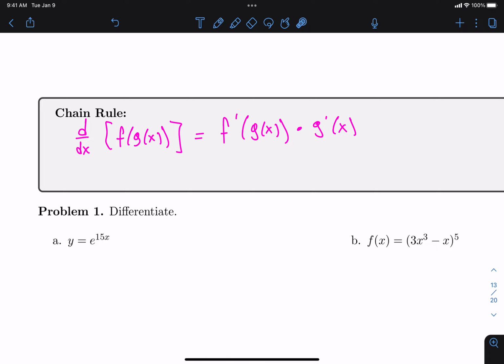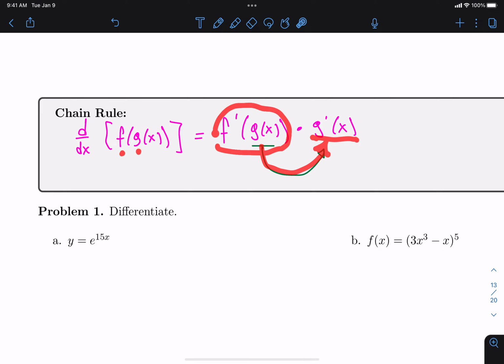Sometimes I will say that we are, quote, chaining out. This is why we call it the chain rule. You could do this and then this. It makes some kind of chain picture or whatever. But the point is, this chains out, and we have to multiply by the derivative of the inside function. So the first step is to identify the inside and outside functions, do the derivative of the outside function, and just leave the inside completely alone.